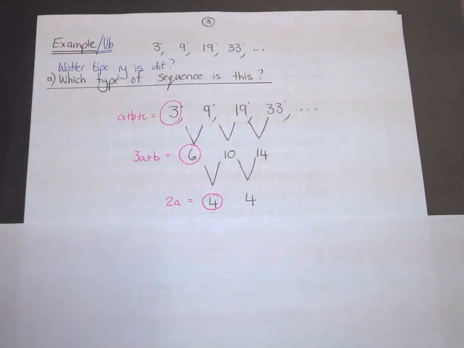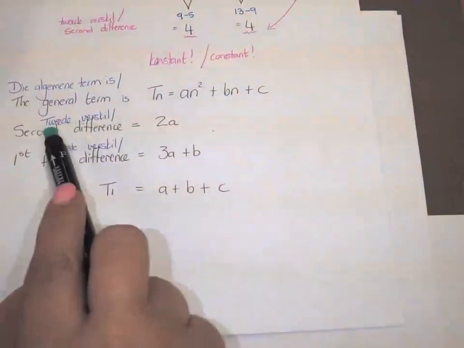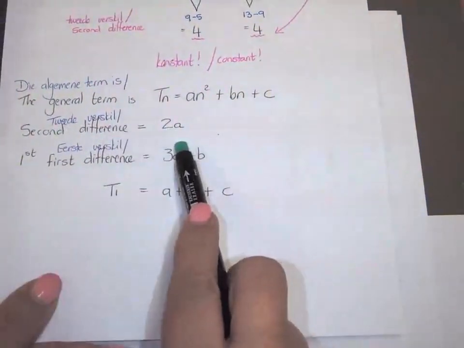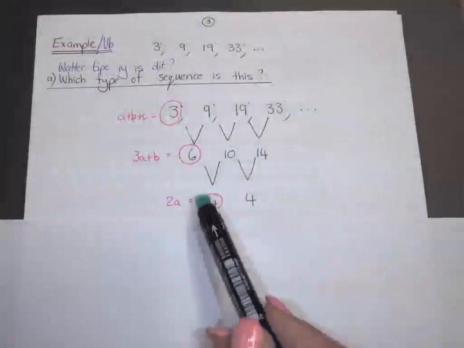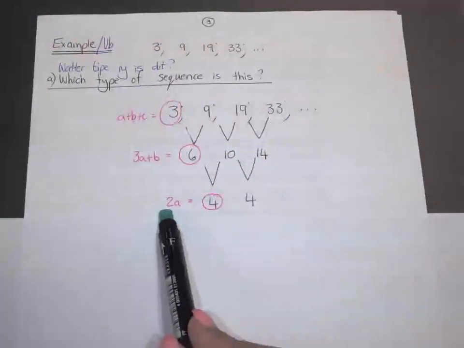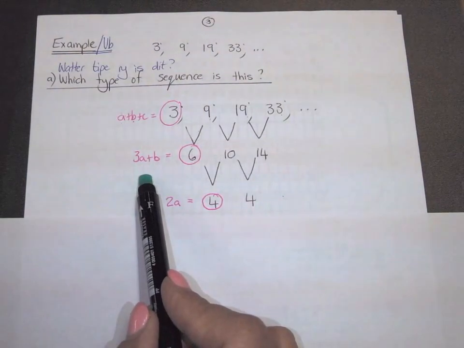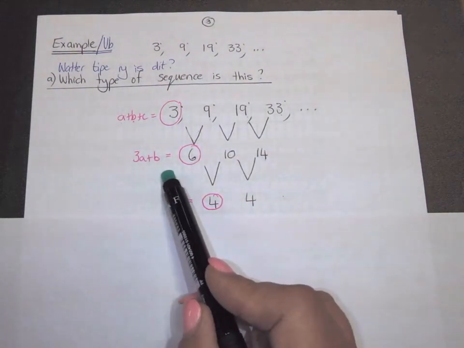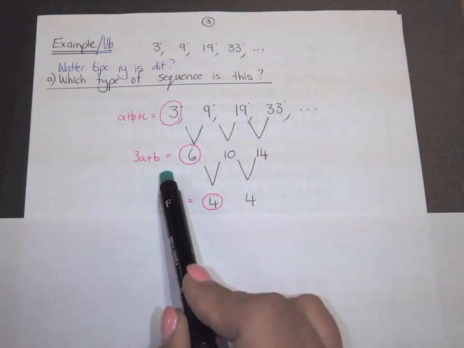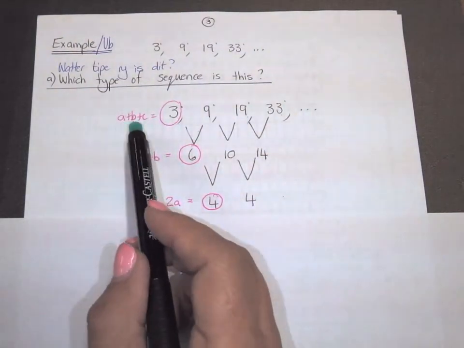Now, remember, I told you that the first second difference is equal to 2a. The first difference is equal to 3a plus b. And the first term is equal to a plus b plus c.